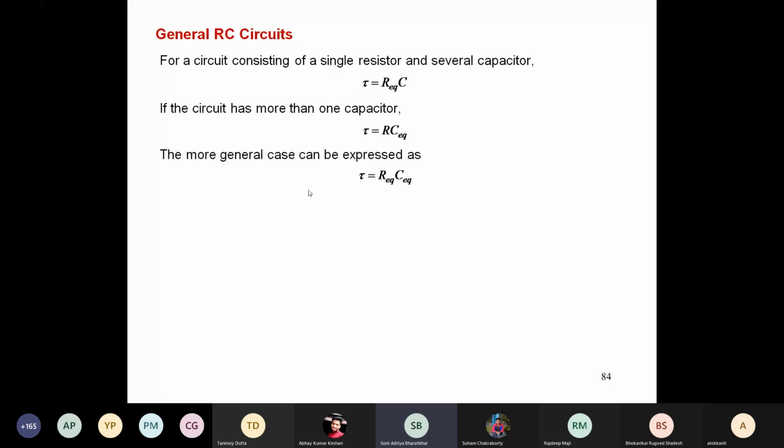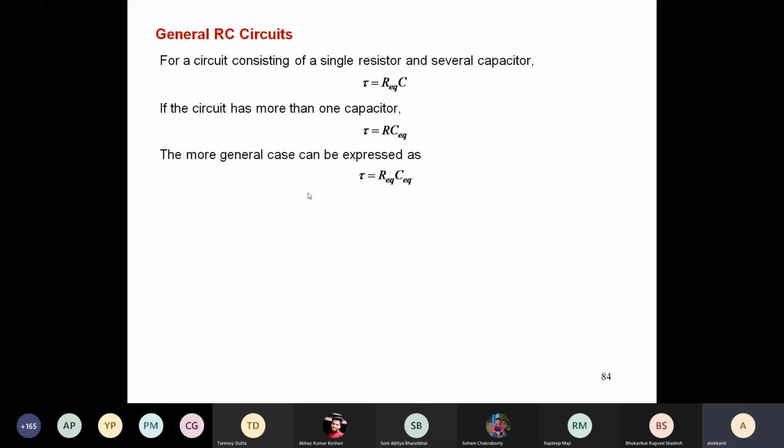Sir, I have a doubt in the previous slide. When there are several capacitors and several resistors, across which two terminals do we calculate Req? Yeah, these are some general terms I have used.